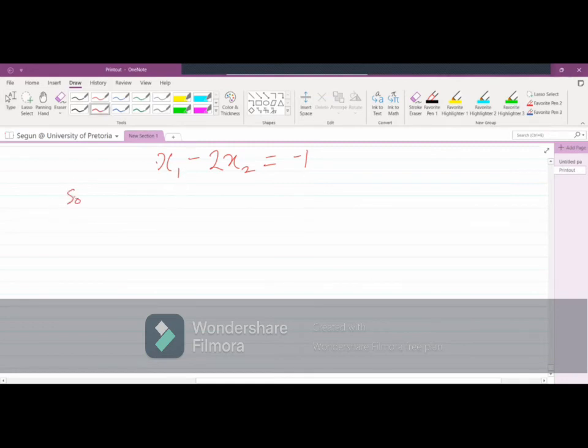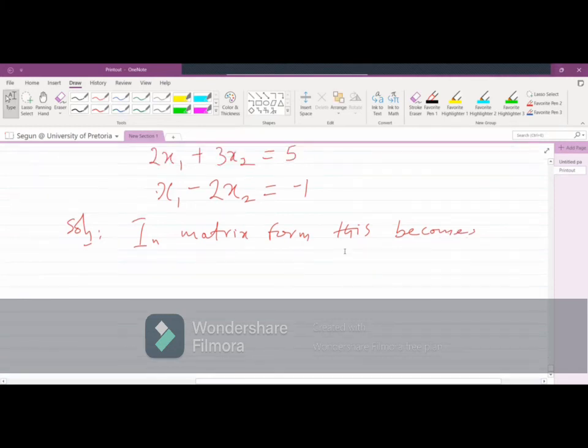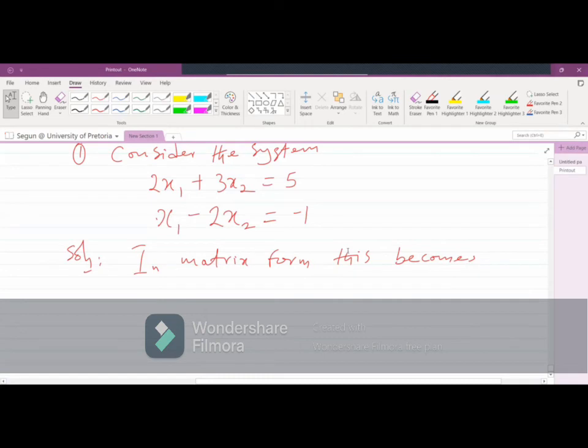Solution. For us to write it in matrix form, this becomes, in matrix form, remember from the matrix, let me just write something here.